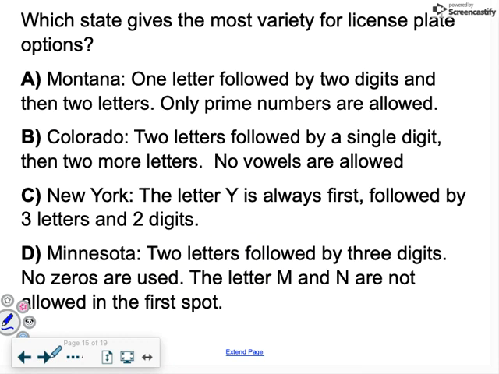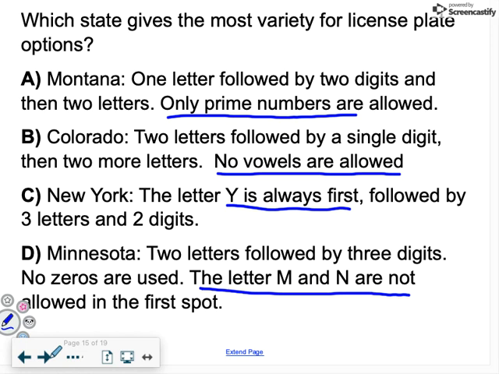So a couple more here. This one is talking about license plates. This one is going to take a little bit of time, because they all have different restrictions. One letter followed by 2 digits, then 2 letters. Only prime numbers allowed. No vowels are allowed. Letter Y is always first. Letters M and N are not allowed in the first spot.